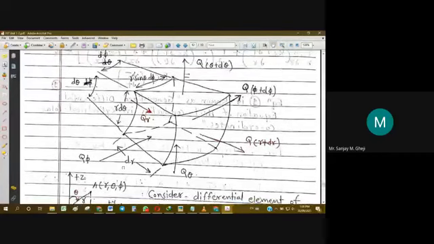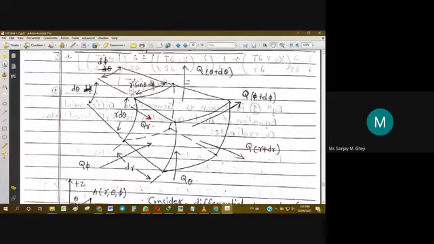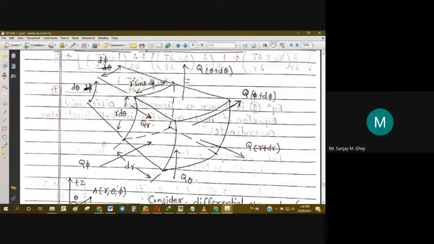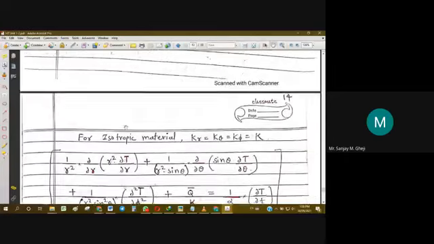Here the coordinates will be radius r, angular direction theta in one plane, and angular direction phi in another plane. So r, theta and phi will be the three dimensions, and these will be considered while deriving.